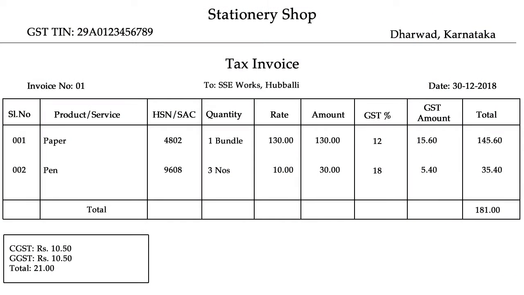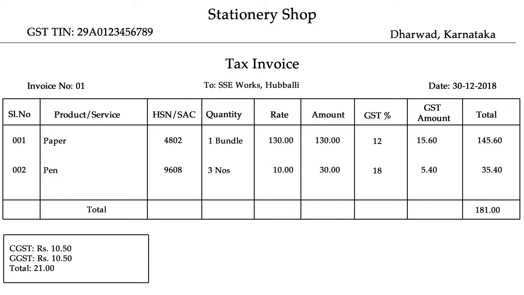Let's say one of your customers, SSE Works, purchases a set of materials from you as shown in the tax invoice here. So whenever you sell goods to any party, you are going to raise a bill for that, or a tax invoice. And the tax invoice contains, as you already know, the HSN code, the relevant GST charged on it, and also the rate, quantity, etc.